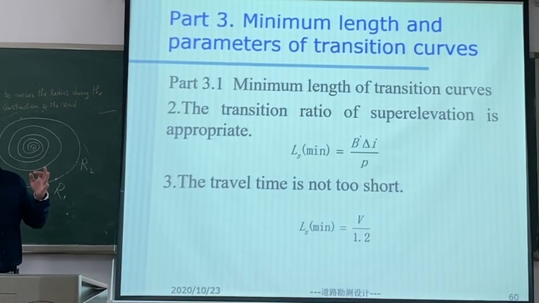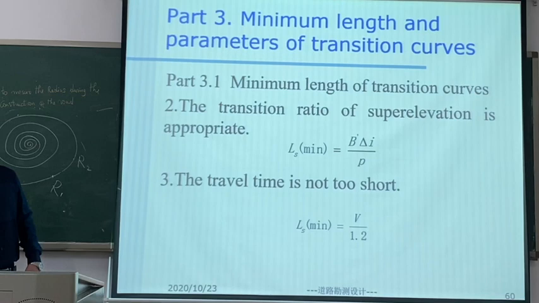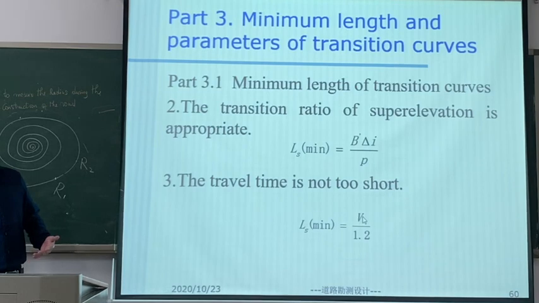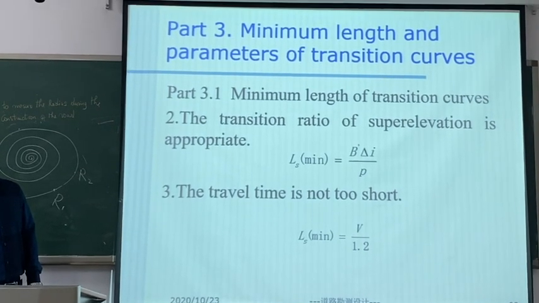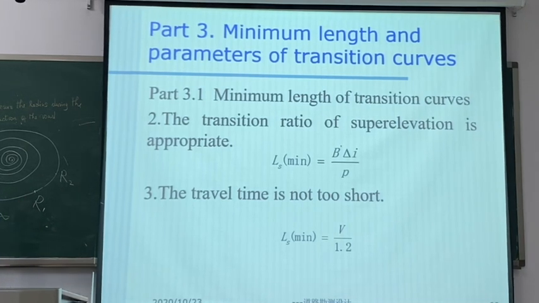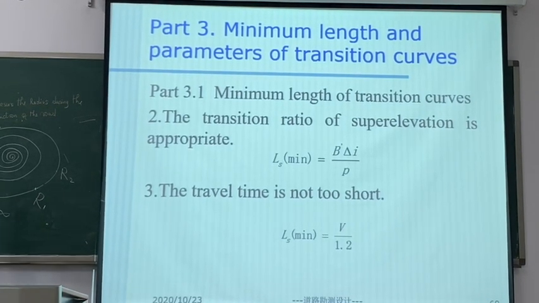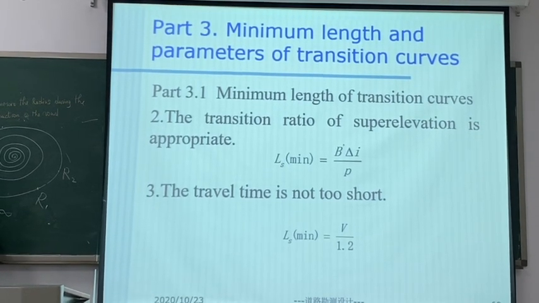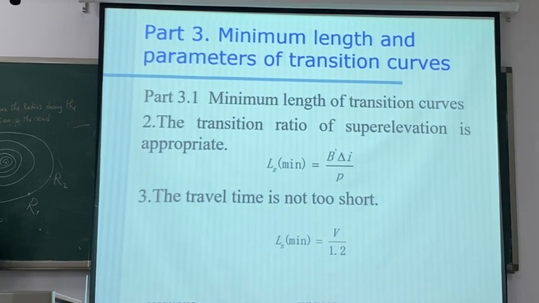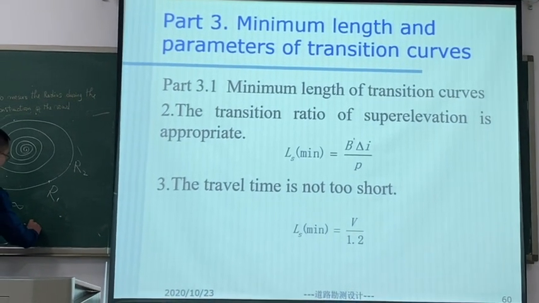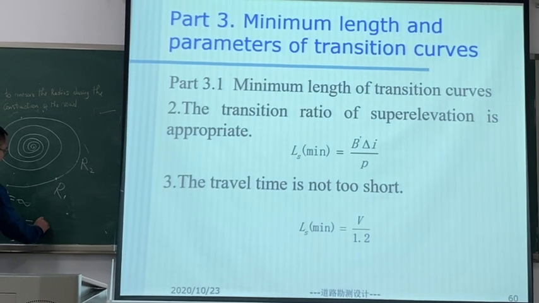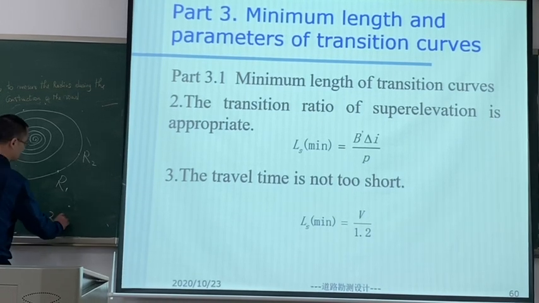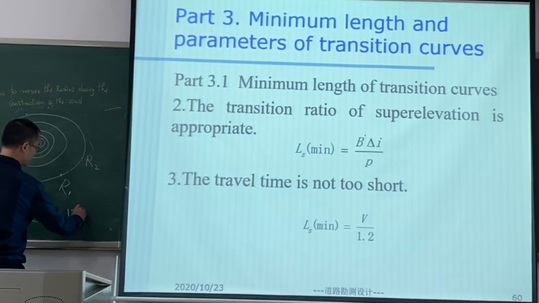So V, the unit of V is kilometers per hour. LS equals V times 3 seconds.